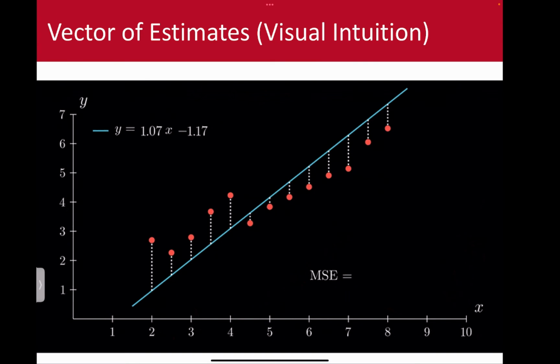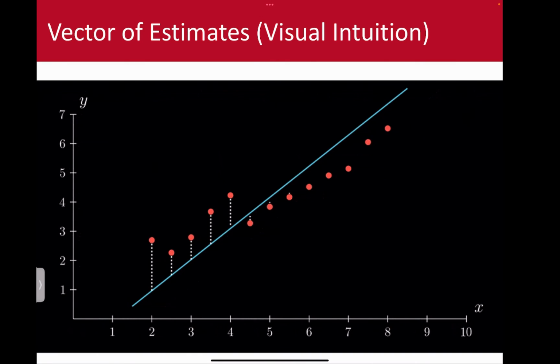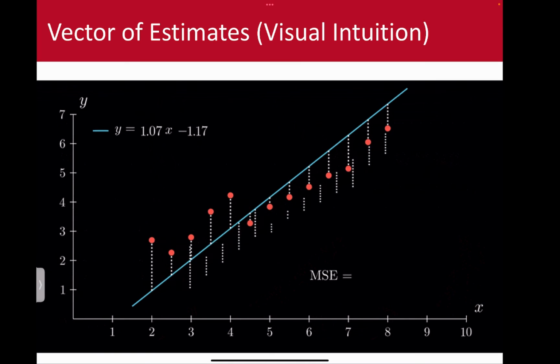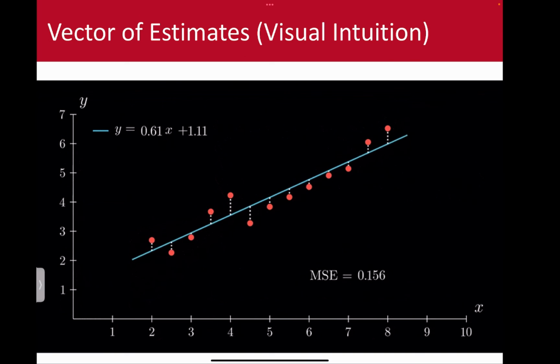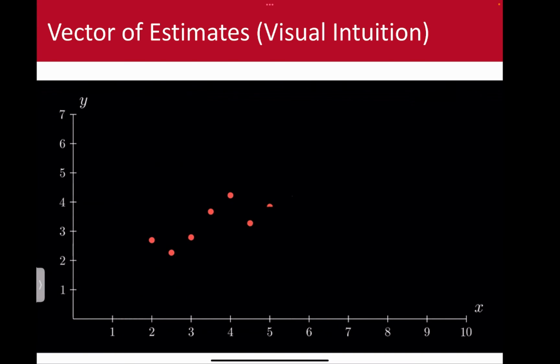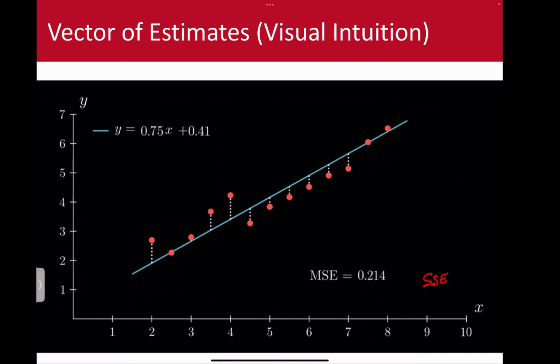Another visual intuition that I can show you is this. We can get many y-intercepts and many slopes. I mean, there are infinite values of y-intercepts and slopes. But we want to get the best one, the one that has the minimum SSE, or in other words, the minimum MSE, which is the same thing.